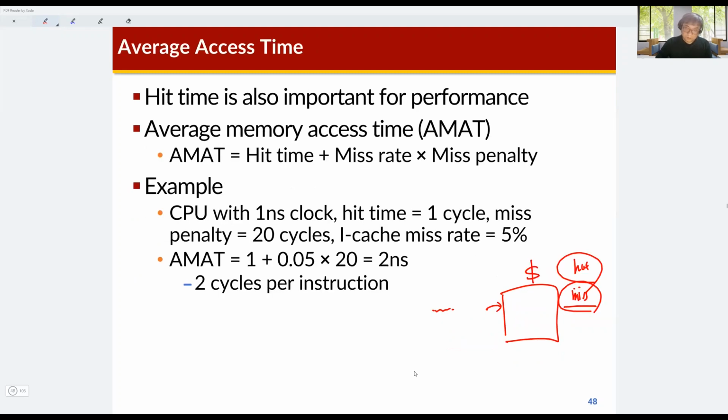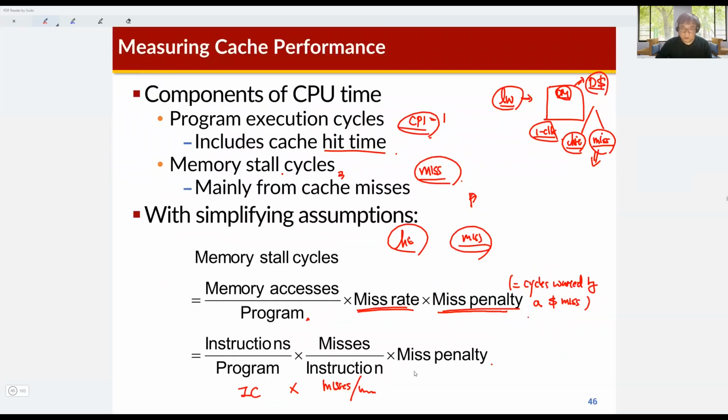In a previous slide, we learned that the memory stall cycles are determined by the miss penalty, the miss rate, and the number of memory accesses in a program.